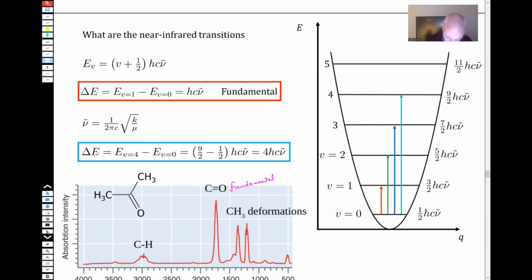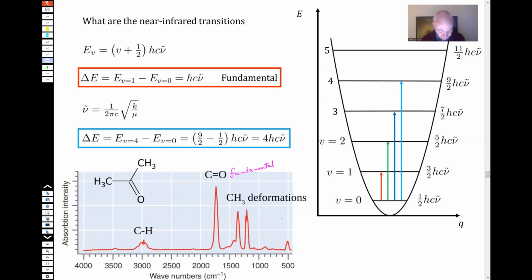And this is for acetone. And then up here, that's called the first overtone. Just to be clear, it's the green transition. So if we look over here, we can just put it in. There's the green transition there. That is this guy here. What do you notice?